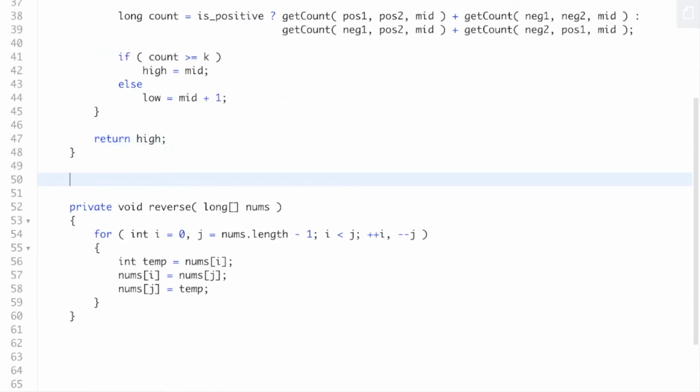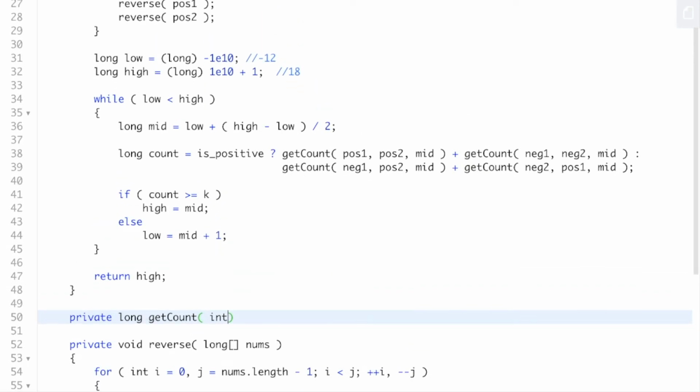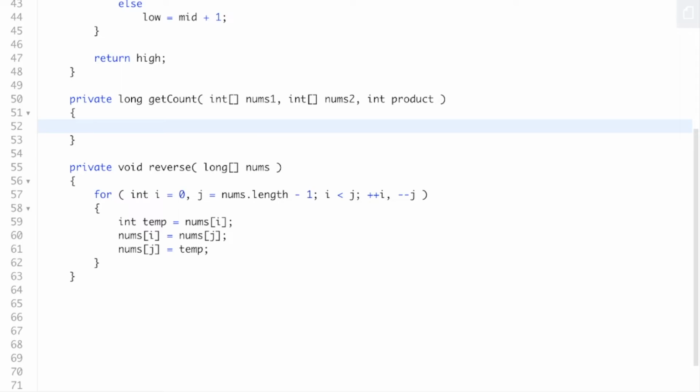All right. So, private, and let's change this to a long. getCount, and we want to pass in nums1 and nums2, and the target, or the product that we're looking for. This is just the potential product that we're trying out.